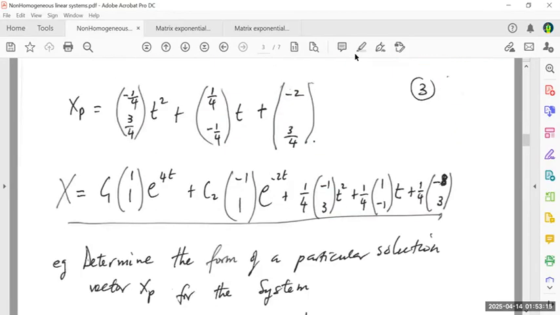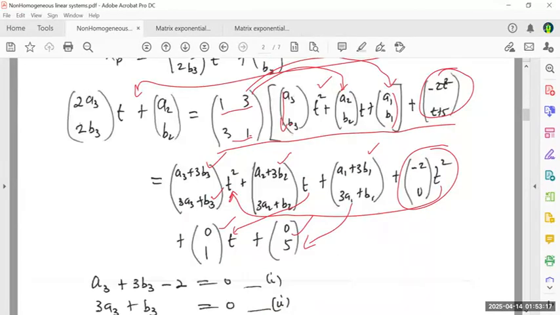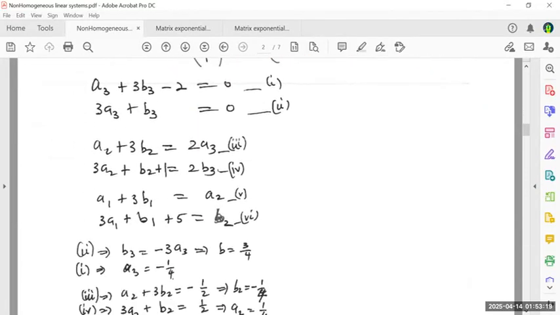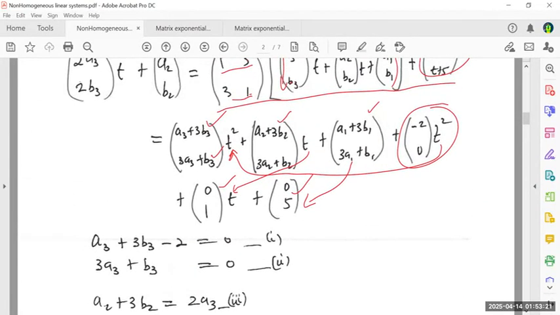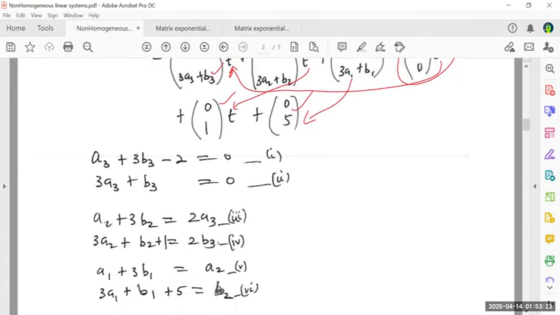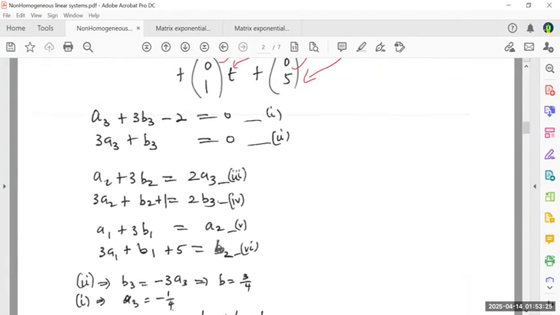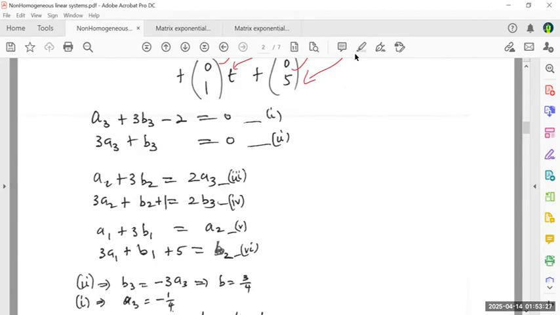And after doing that, we will find we have 6 equations for the 6 unknowns. So take note that when you deal with systems, the method of undetermined coefficients becomes a cumbersome task.